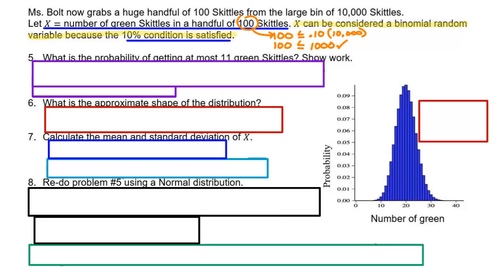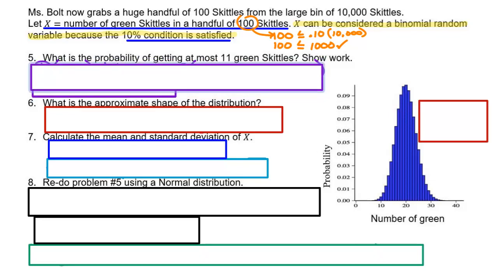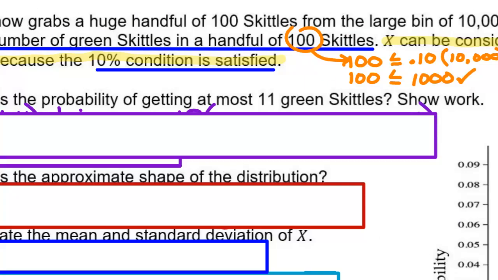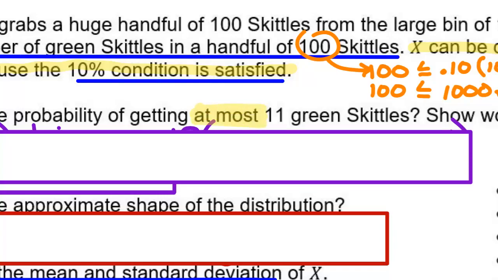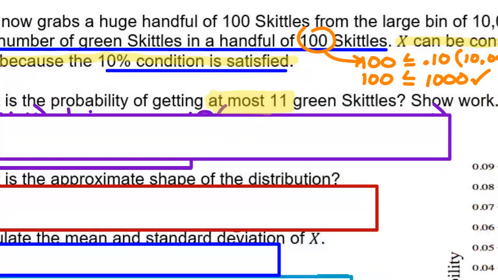I would like you guys to calculate the probability of getting at most... what inequality do we use for at most? Less than or equal to. So at most, 11 green Skittles in this handful. We practiced calculating the less than or equal to probabilities yesterday. You can look back at yesterday's notes if you need a reminder.